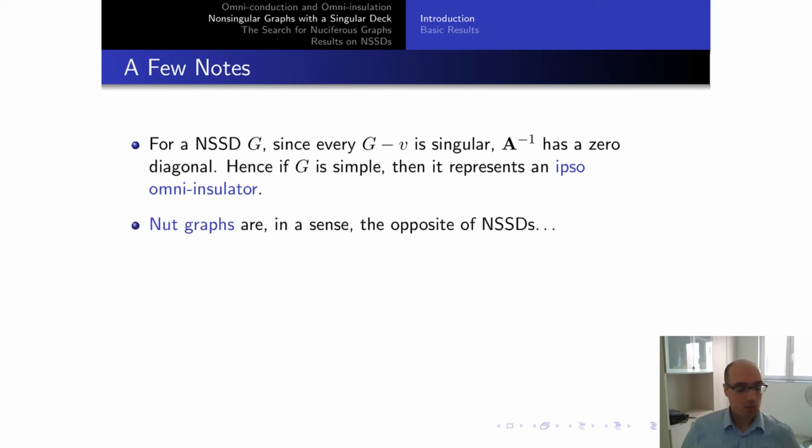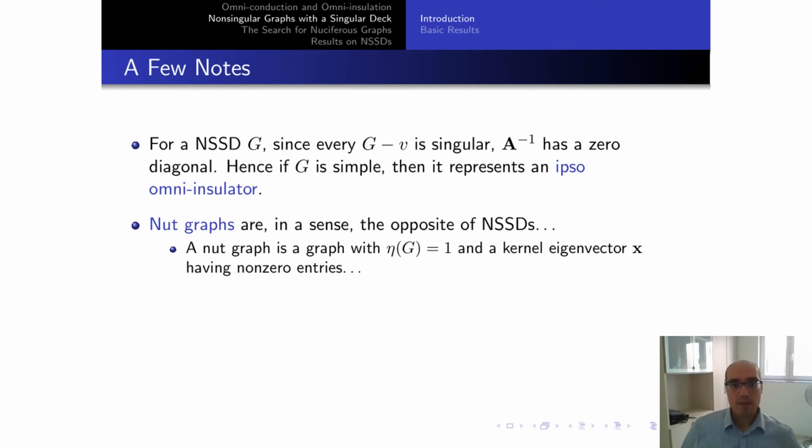Earlier, we also mentioned NUT graphs, and in a sense, they are the opposite of an NSSD. Why? A NUT graph, just a little reminder, is a graph whose nullity is 1, and the kernel eigenvector x has non-zero entries. So clearly, a NUT graph cannot be an NSSD.